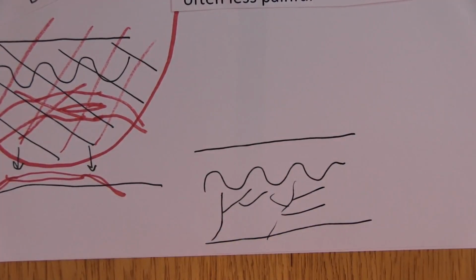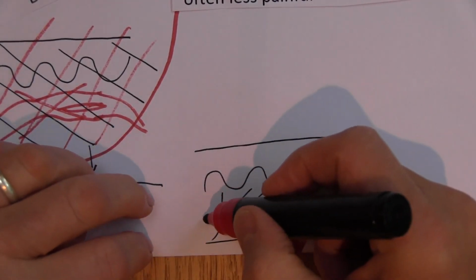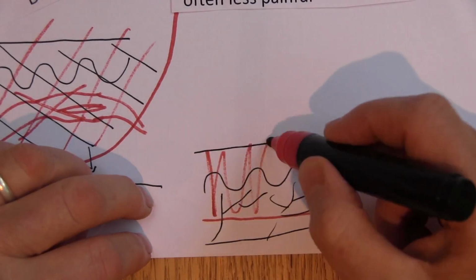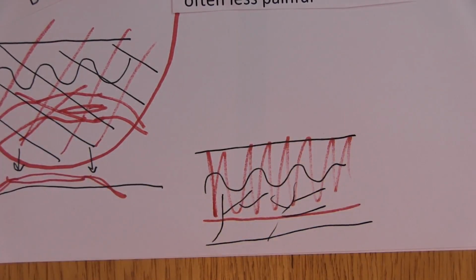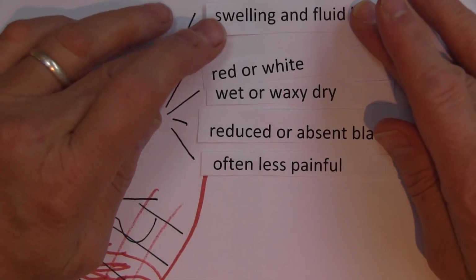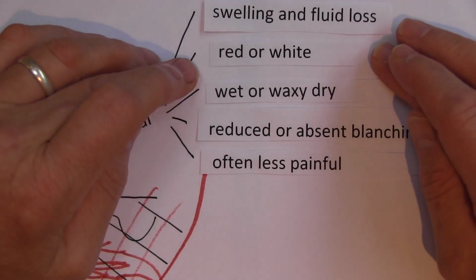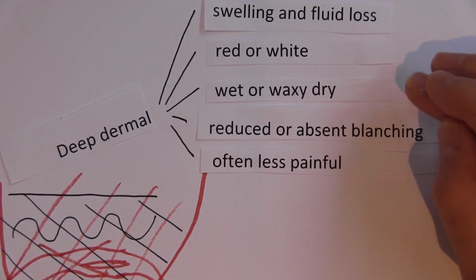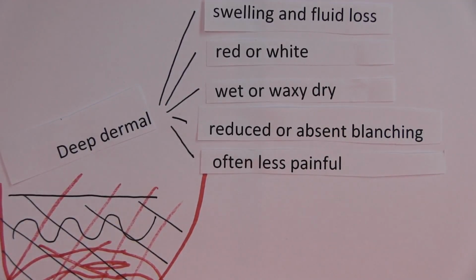Then many of them are simply burnt away. So there's less nociceptors to perceive the pain. So the pain is often less in the deep dermal compared to the shallow dermal burns.